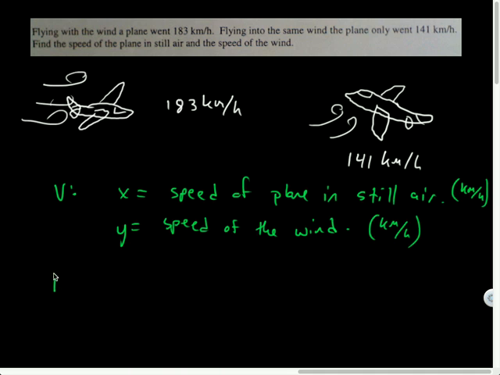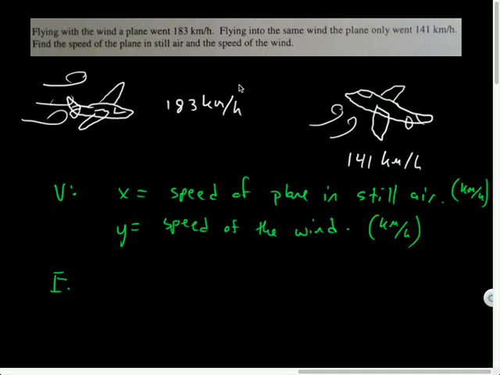So now my equations. This one seems like it should be complicated because you see some rates and you immediately think rate times time equals distance and all this other stuff, but it's actually easier. I know their combined rate, and I know what variables represent their individual rates. So the speed with the wind, how could I translate this first sentence into an equation?